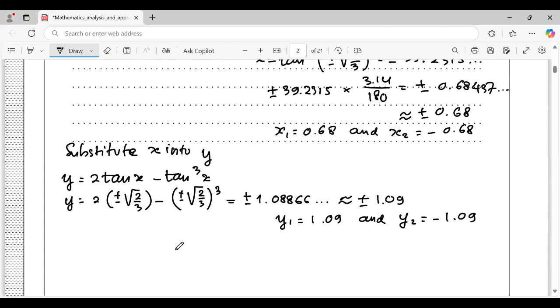So there are two local minimum and local maximum points: 0.68, 1.09 and minus 0.68, minus 1.09. All right, let's sketch.